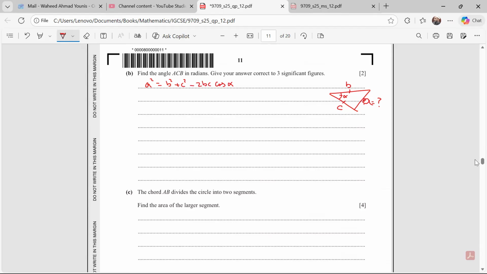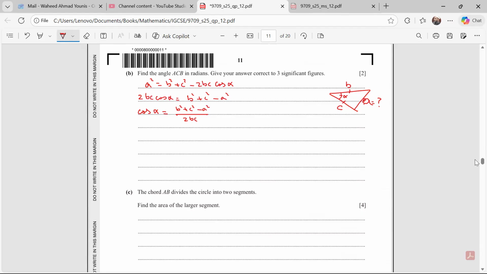This is the law of cosine. So from here I can see that 2BC cos alpha is equal to B squared plus C squared minus A squared. So cos of alpha is equal to (B squared plus C squared minus A squared) over 2BC. So from here we can do inverse cos and we'll get alpha.